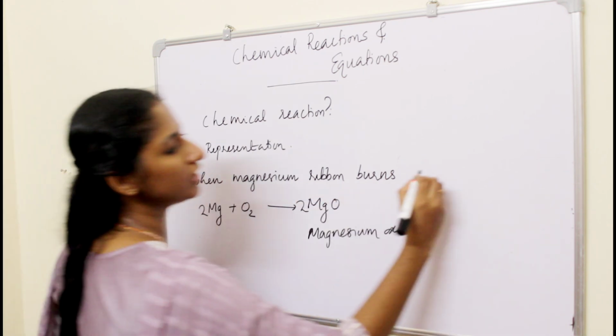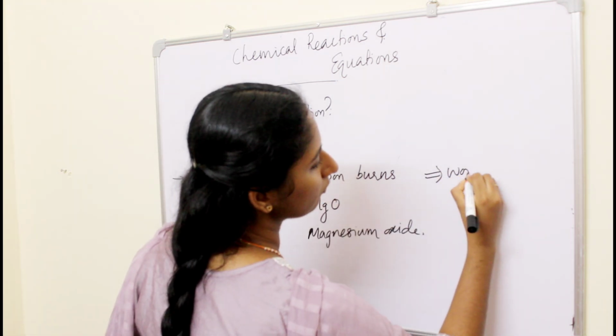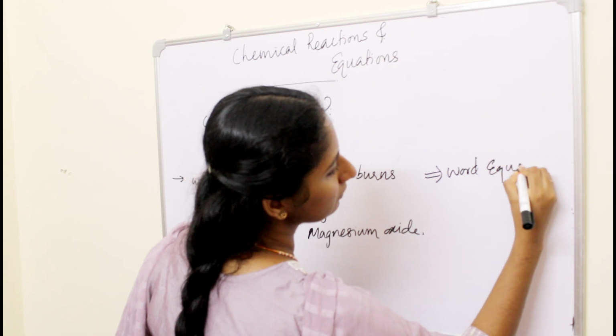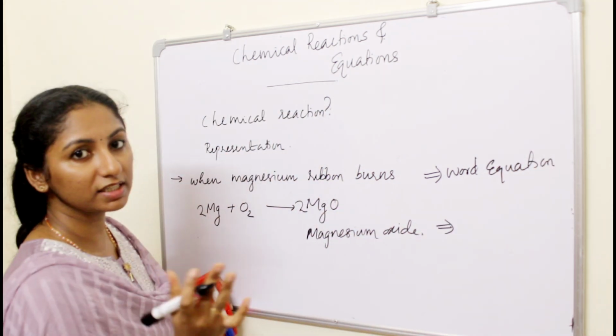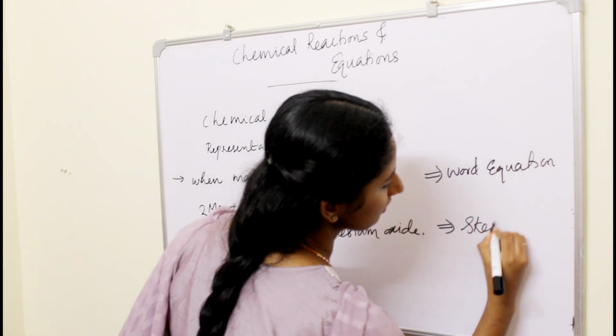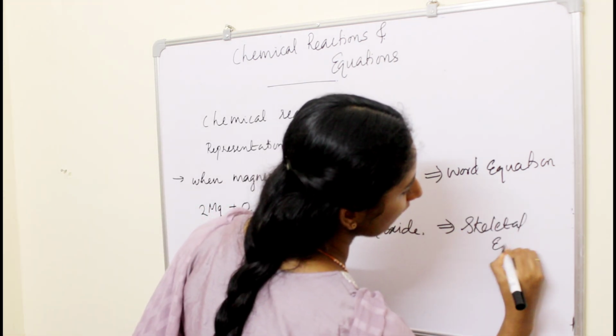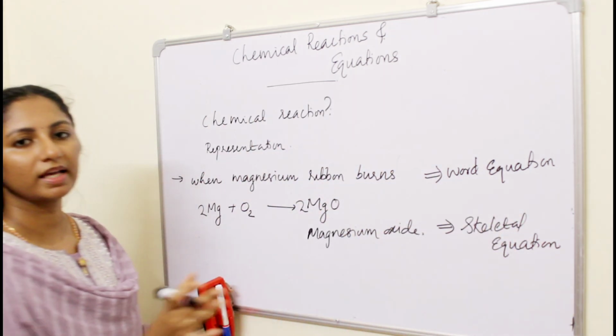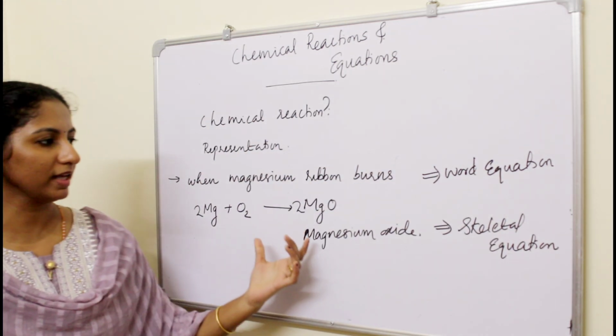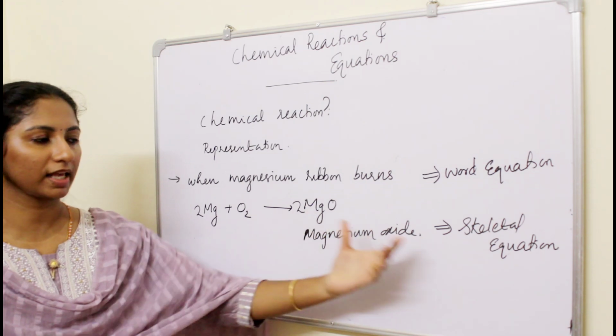This is the word equation. And this form we can call a skeletal equation. That is the conversion of a word equation into a chemical formula. We call this formula a skeletal equation.